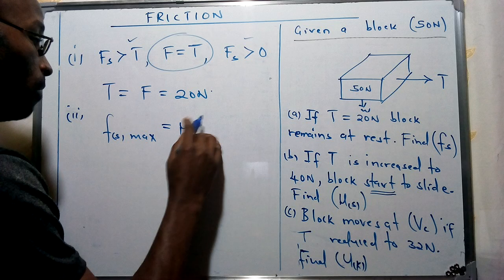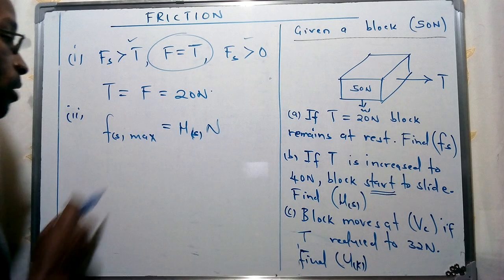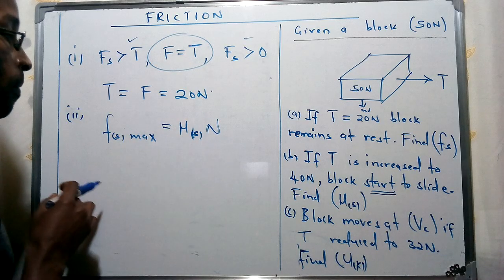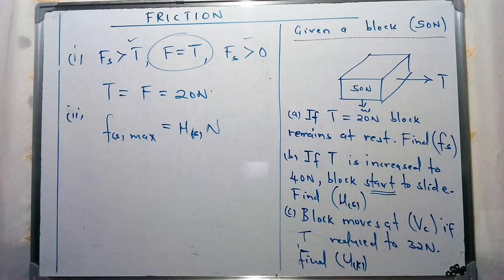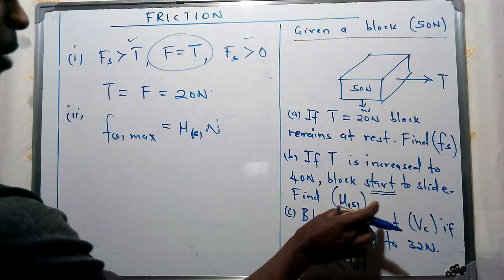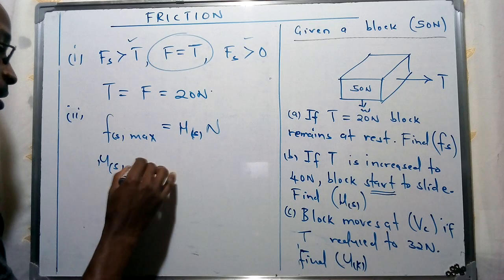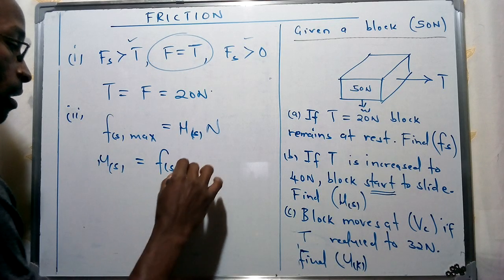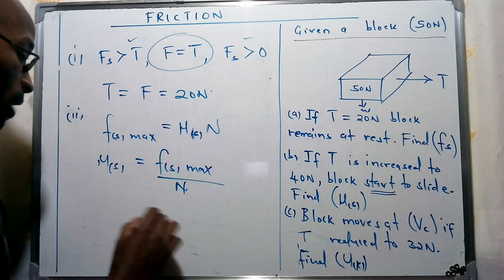And this is equivalent to a relationship whereby the force is directly proportional to the normal, with a coefficient of static friction. So to find the coefficient of static friction, we make it the subject: it is equivalent to the maximum static force divided by the normal.